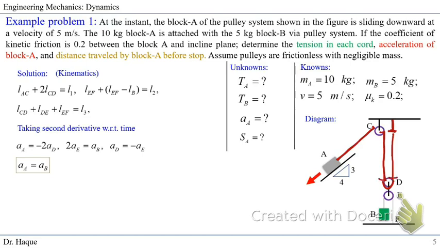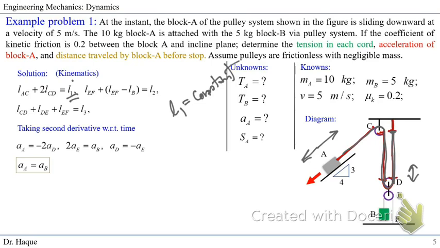So CD here and here, twice CD, equals, we assume, a length L1. Now you have to consider that length L1 is always constant, because even if A moves upward or downward, then D will move downward or upward, but the total length of this rope will remain the same.